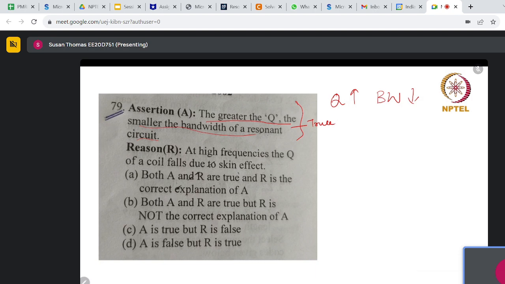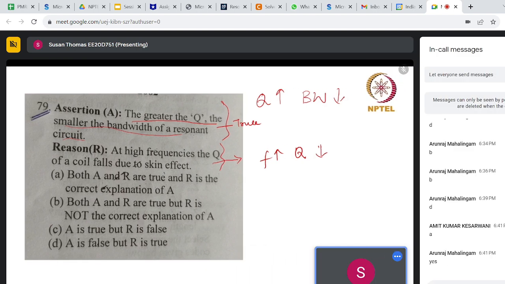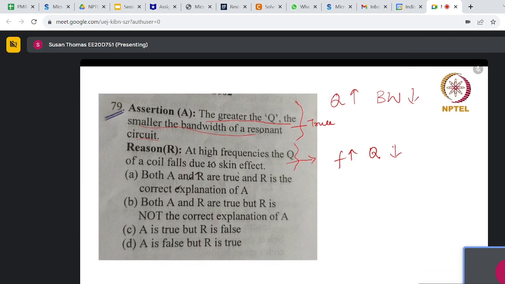At high frequencies, the Q of a coil falls due to skin effect. At high frequency, is the Q going to be small due to skin effect? So this is also a true statement.